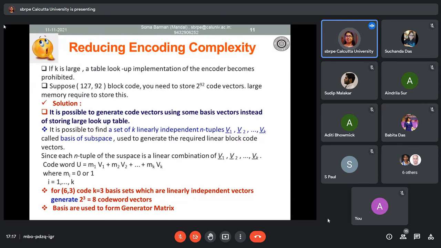So the solution is, it is possible to generate code vectors using some basis vectors instead of storing a large lookup table. Okay.